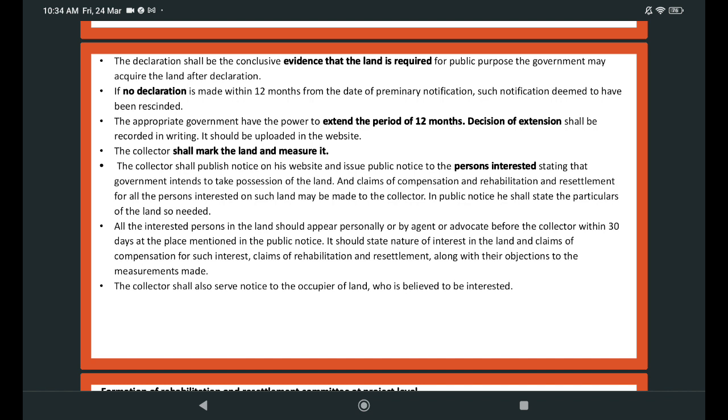In the notice, particulars of the land needed are to be mentioned. All the interested persons should appear before the collector within 30 days at the place mentioned in the notice. He should state the nature of his interest in the land, claims of compensation, claims of rehabilitation and resettlement, and objections to measurement.